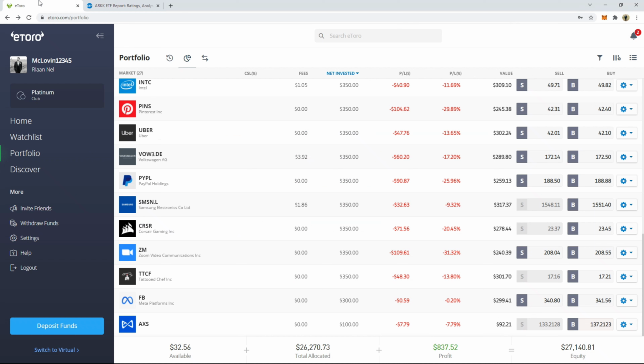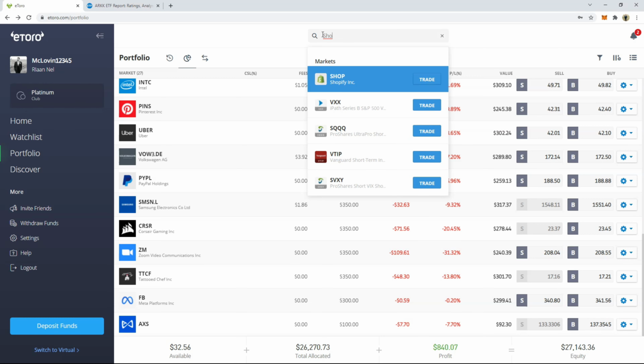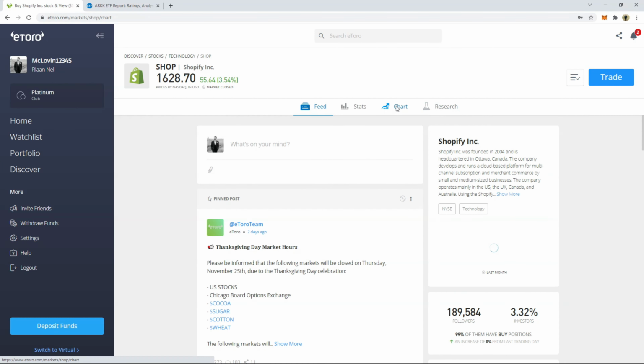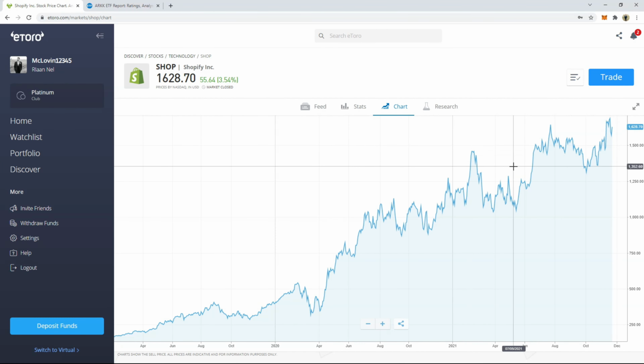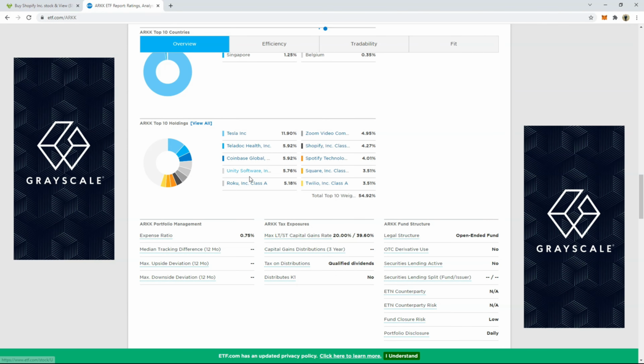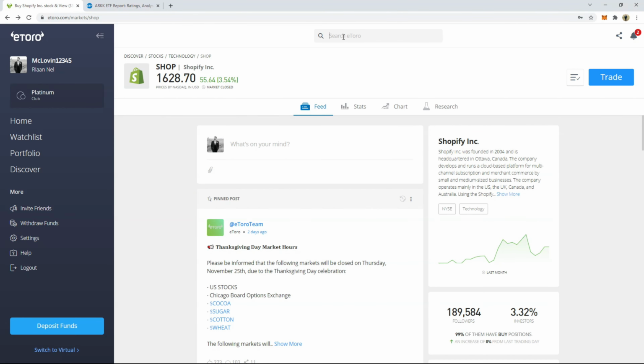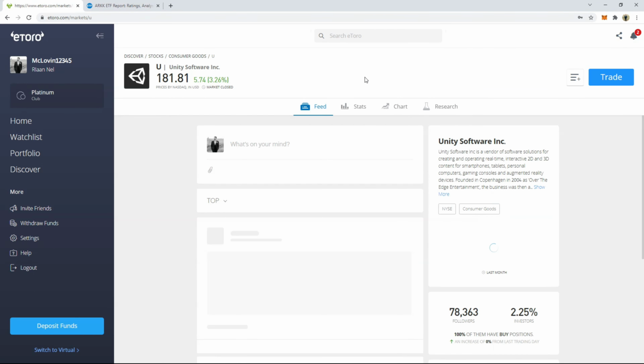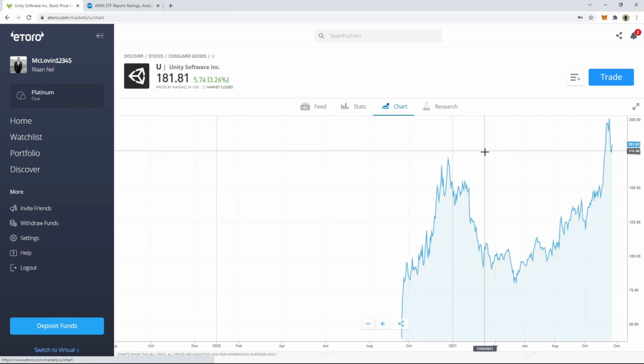Let's quickly have a look at Shopify. If we look at Shopify, I see it's up yesterday. Oh, it didn't take that much of a beating. Maybe Unity, but yeah, some of the big stocks have taken a beating. Yeah, see, it's turning around now slowly. Let's look at the ETF itself.